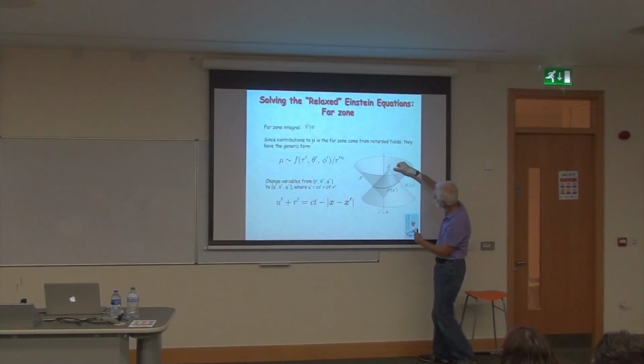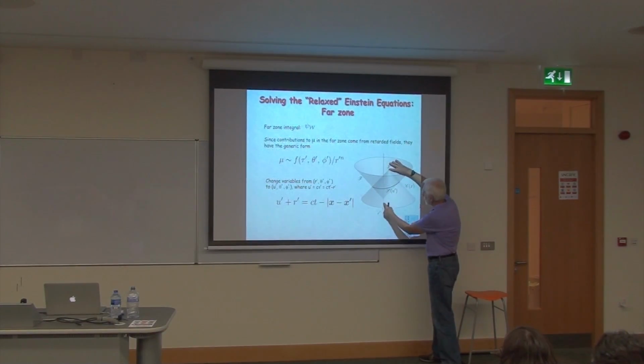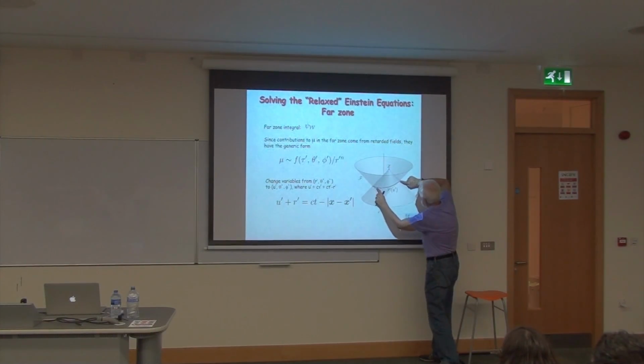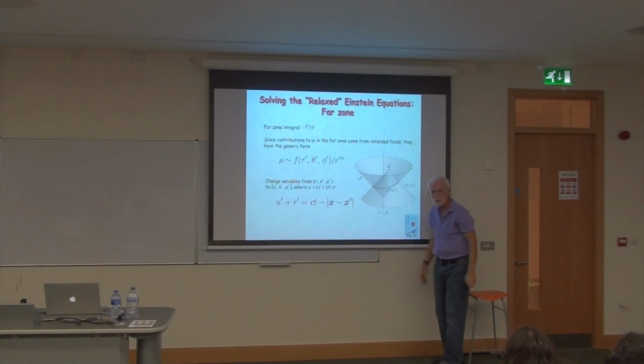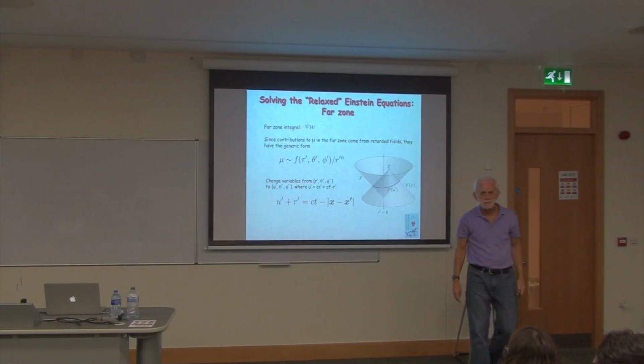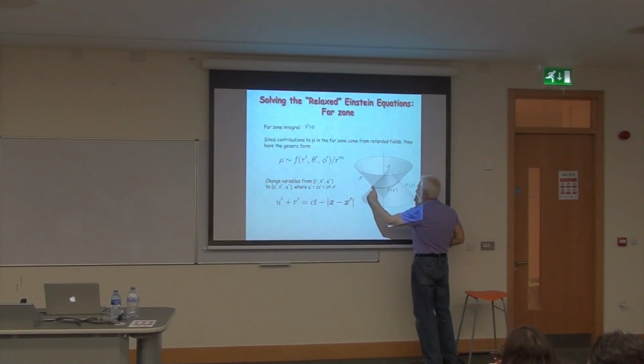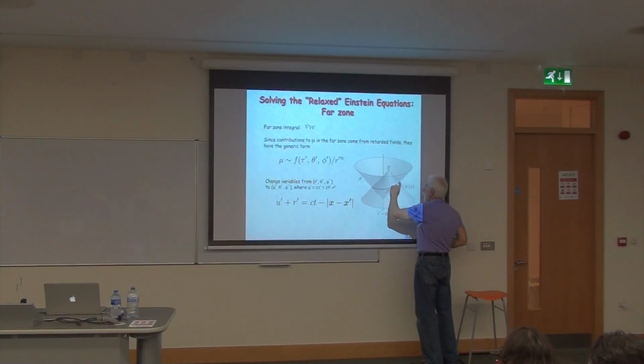Take these two cones. This one is at our field point. This is at the center of mass. This is the source. This is our gravitational wave detector. These cones are offset, so this is not the same time, but it's a fixed value of this u prime variable. So as you integrate over angles, for a given u prime, you are integrating around this little region like this, but time is changing as you go around.